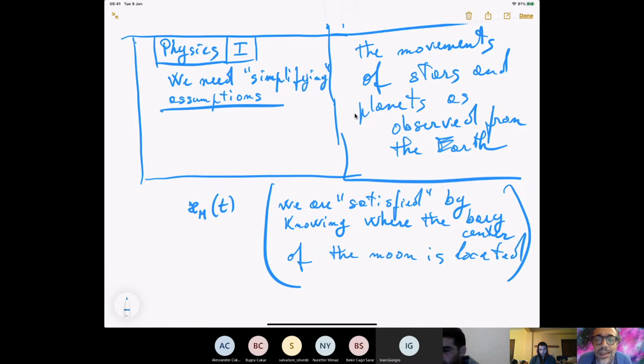Is our theory effective in this case? We will see at the end.